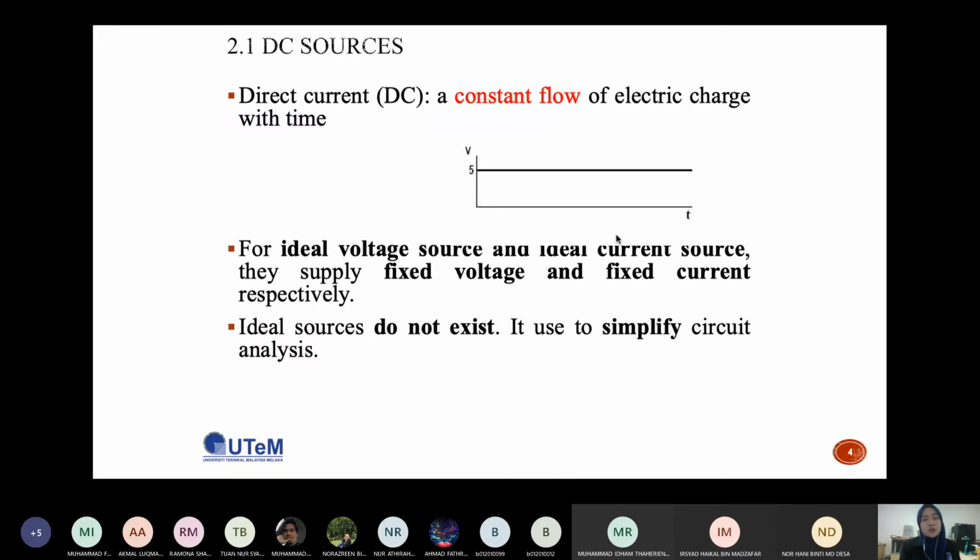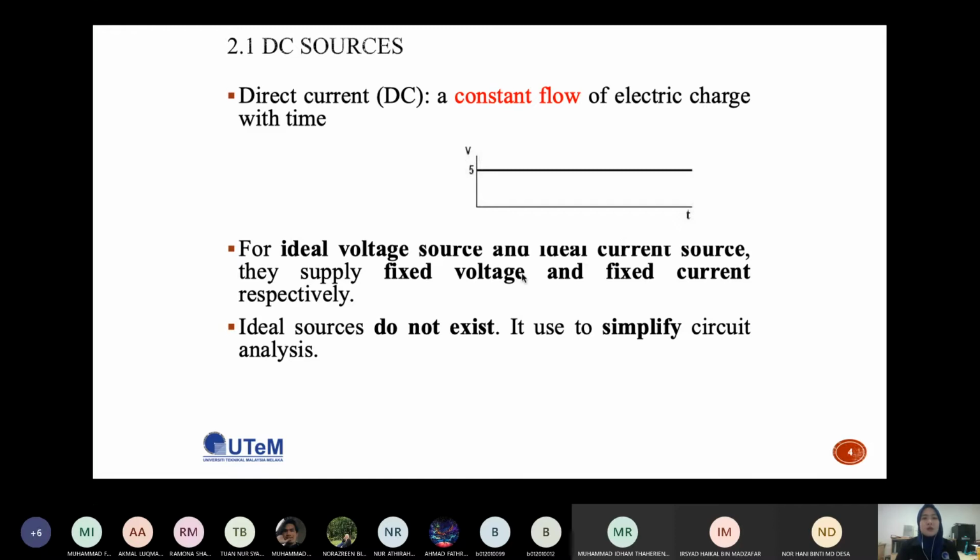So the first subchapter is the DC sources. This is just a repetition from the previous lecture. So what is DC source? DC is actually direct current. When we talk about direct current, it is a constant flow of electrical charge with time.